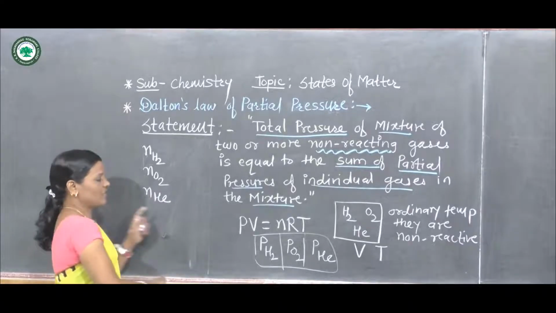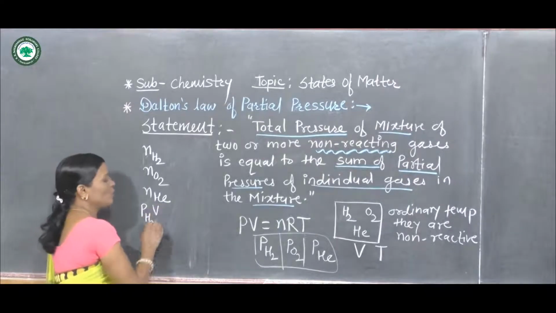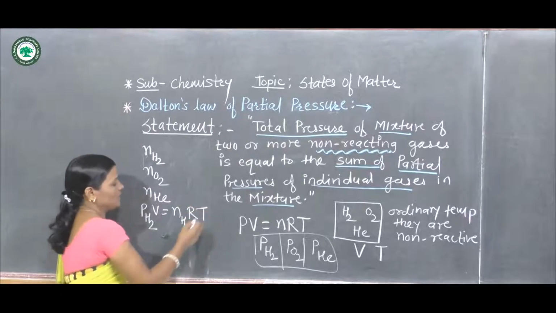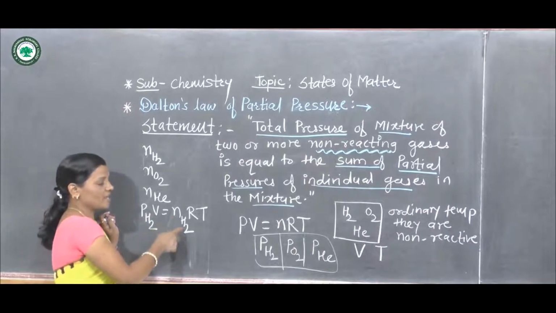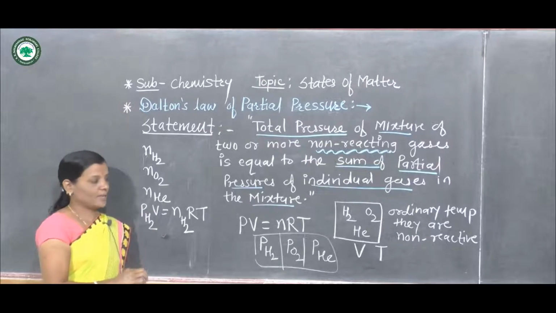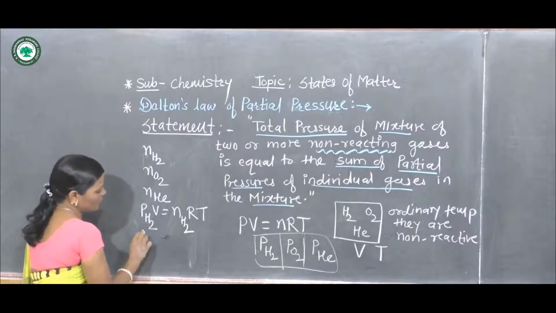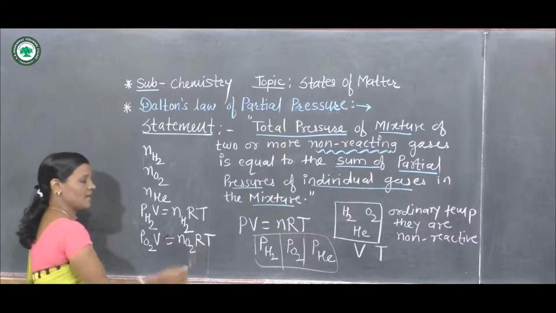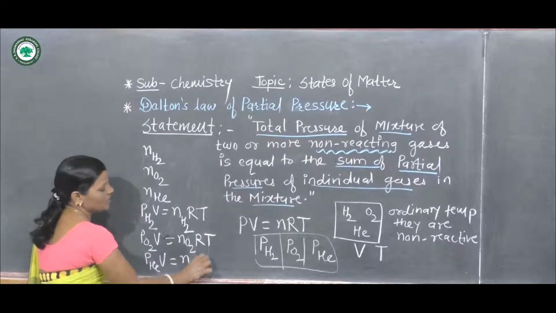Then according to the ideal gas equation for hydrogen gas, PH2 into V is equal to nH2 into R into T, where PH2 is the partial pressure of hydrogen gas, V is the volume occupied by hydrogen gas, nH2 is the number of moles of hydrogen gas, R is the gas constant, and T is the temperature present in the container. Similarly for oxygen, PO2 into V is equal to nO2 into RT, and for helium, PHe into V is equal to nHe into RT.